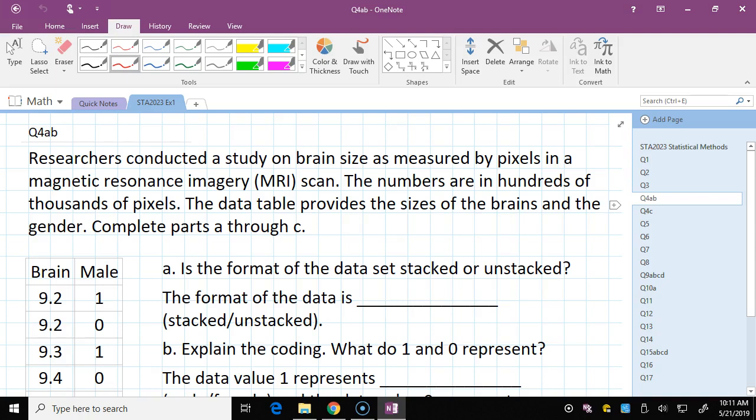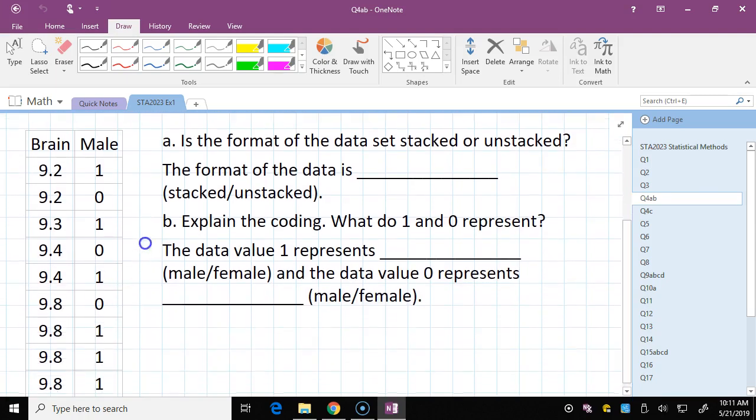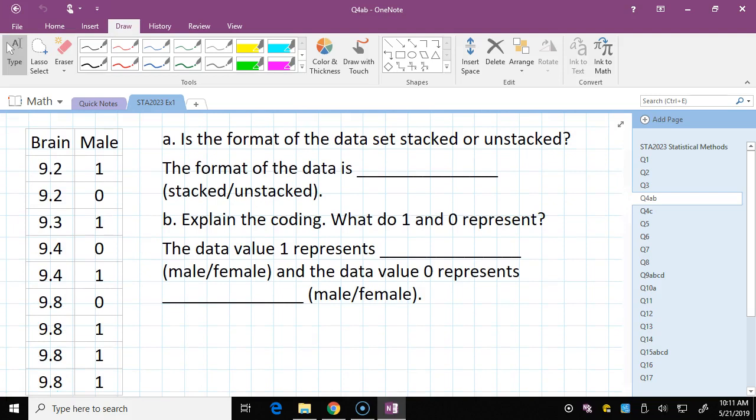Complete parts A through C. So the first thing it wants to know, is this data right here stacked or unstacked? It is stacked because it contains 2 categories all in one. Who are the 2 categories we are containing? Male and female. They're all together in one stack. So that is definitely stacked.